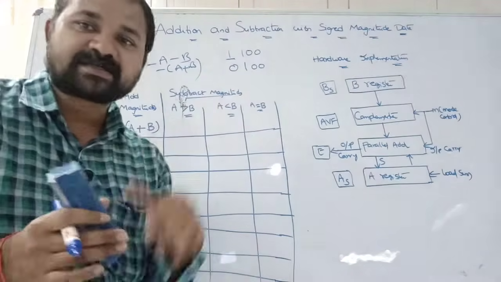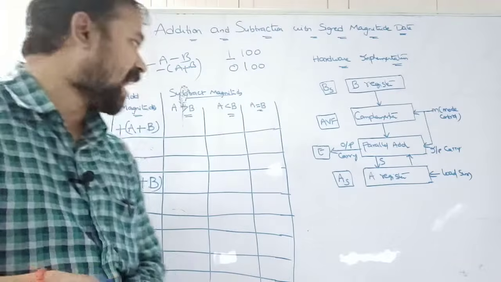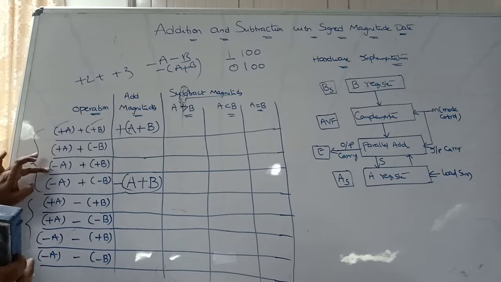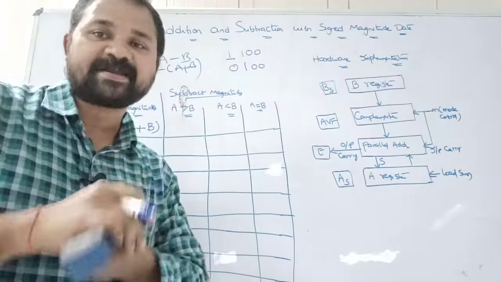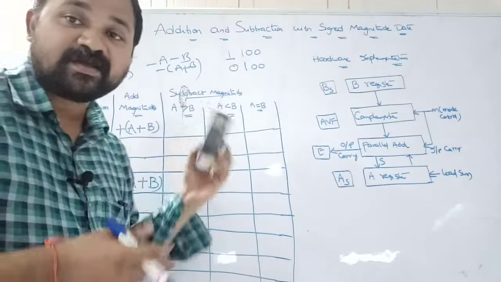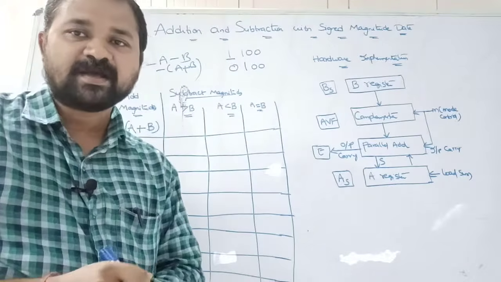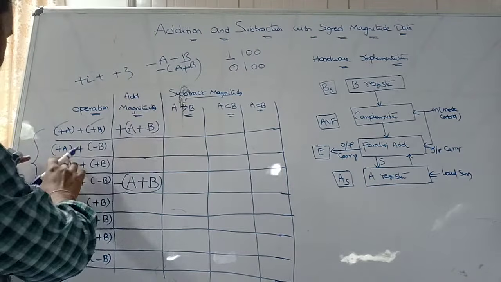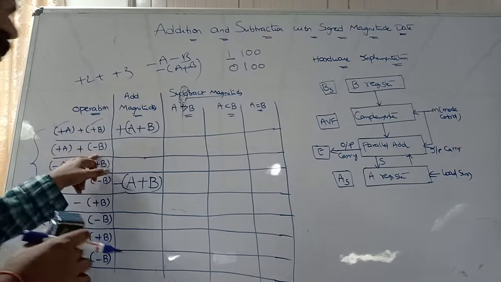The second step is, if the signs of the 2 numbers are different, then we have to subtract the magnitudes. If you take the second case and third case, the signs of both numbers are different, so we have to subtract the magnitudes. Here we have 3 cases. When A is greater than B, we subtract the smaller number B from the larger number A, and the resultant sign will be the sign of A. In this one, the sign of A is plus, the sign of B is minus, so the signs are different.